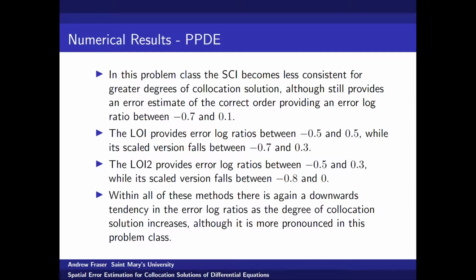The LOI provides error log ratios between negative 0.5 and positive 0.5, while its scaled version falls between negative 0.7 and positive 0.3. The LOI2 provides error log ratios between negative 0.5 and positive 0.3, while its scaled version falls between negative 0.8 and 0. Within all of these methods, there is again a downwards tendency in the error log ratios as the degree of collocation solution increases, although it is more pronounced in this problem class.